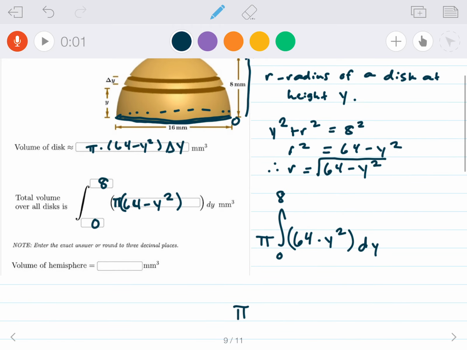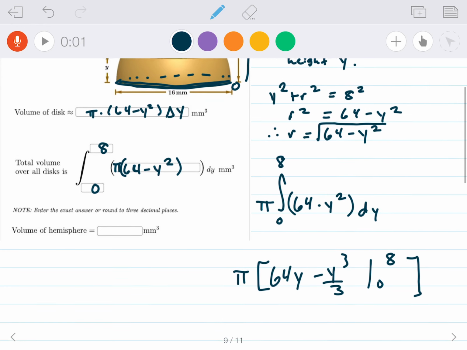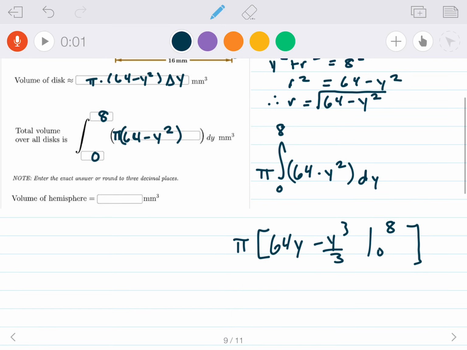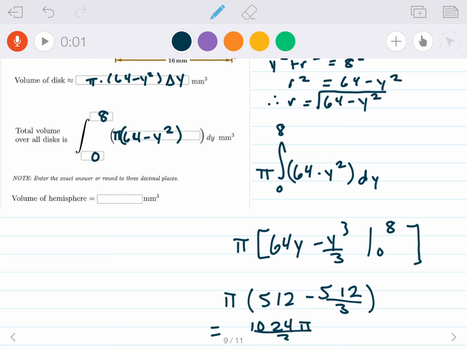This is going to leave me with 64y minus y to the third over 3, evaluated from 0 to 8. What this ends up giving me is pi times 512 minus 512 over 3. And so I end up getting 1024 pi over 3. And that is my answer right here.